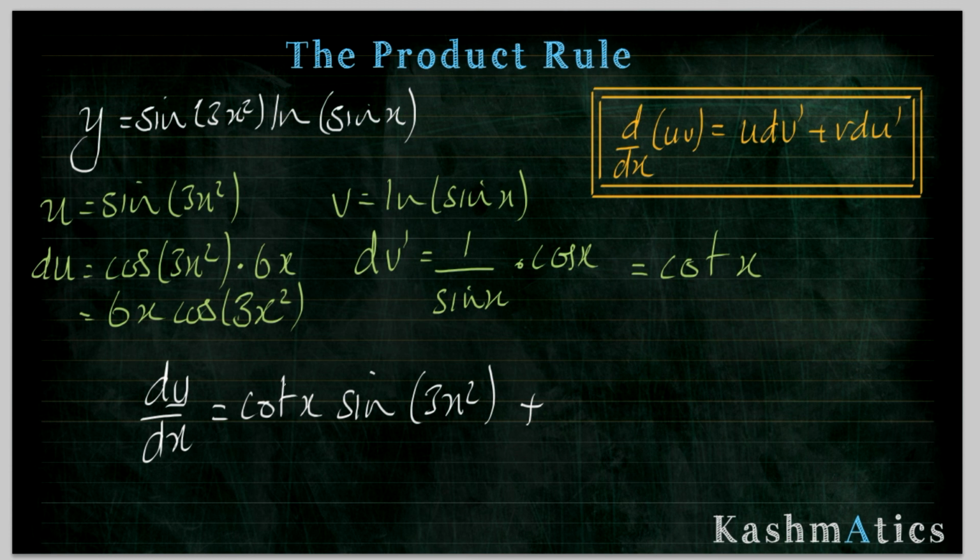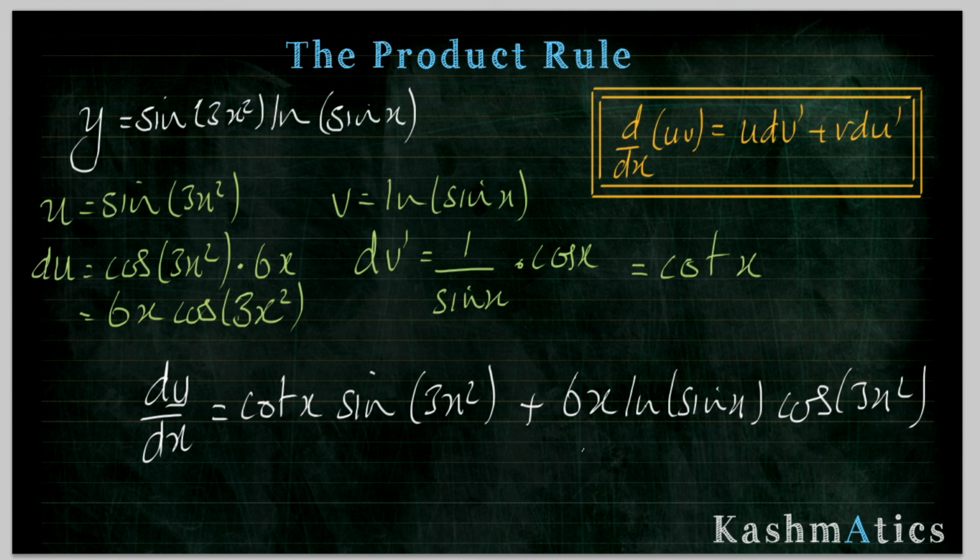So I would probably write that as 6x ln sine x cos 3x squared. Okay, you don't have to write it in that order. I just like to write my x's before the other functions. And let's see if there's anything we can do with that. No, I'd probably leave it like that unless the question wanted me to write it in a different form, just to show off some trig skills.